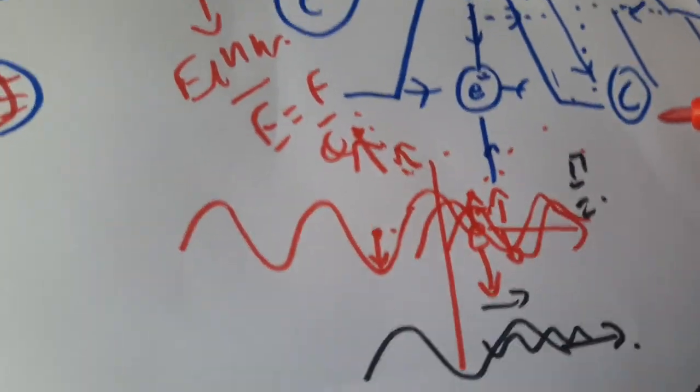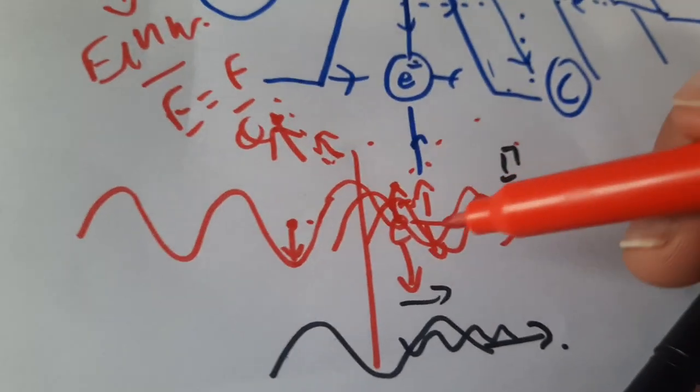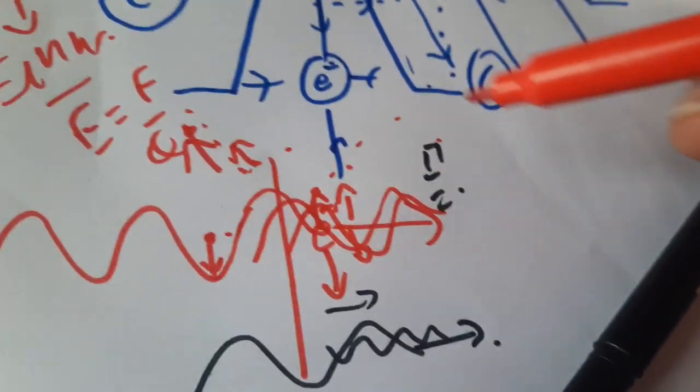So there are different laws that are governing all of these. What proportion will the light reflect, refract, or get absorbed?